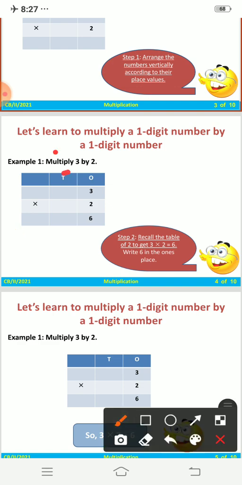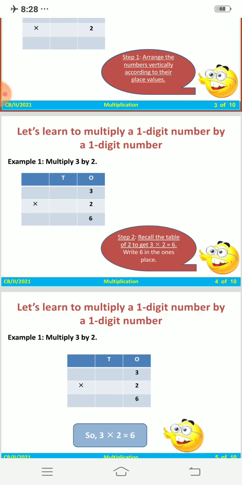Okay, tens and ones, and then you will write the numbers which come in ones in the ones place, and the numbers which come in tens in the tens place. And please don't forget to put a multiplication sign here. Okay, you cannot forget that. Okay, so now we have done step 2.